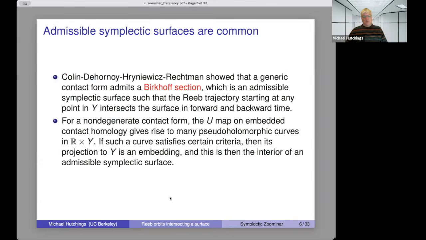Now, there are lots of examples of these. For example, a theorem by Colin, Dehornoy, Rechtman said that generically the contact form admits a Birkhoff section, and that's an admissible symplectic surface, as on the previous page, with an additional condition, namely that if you start at any point in Y and follow the Reeb flow, either in forward or backward time, you're going to eventually hit the surface.